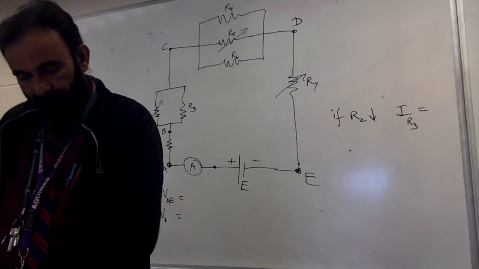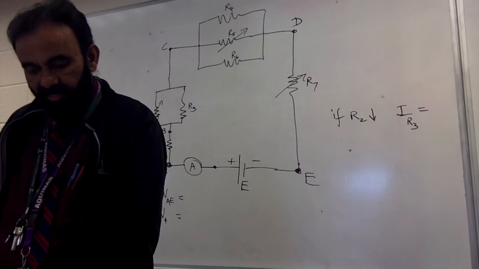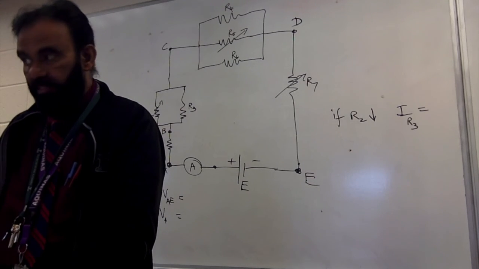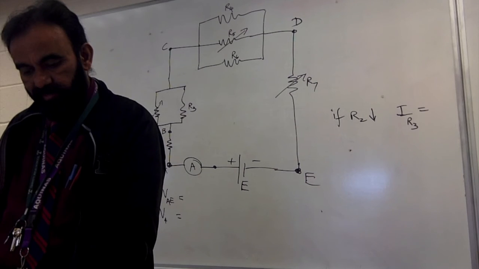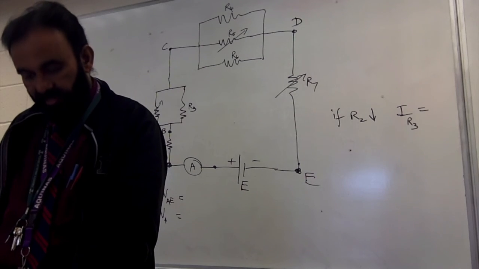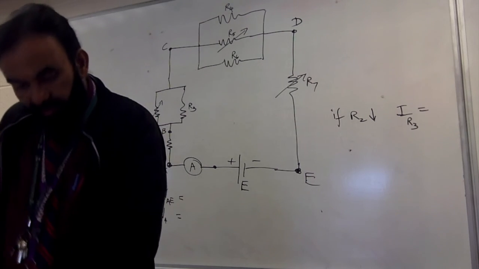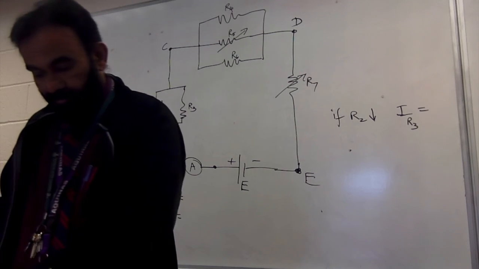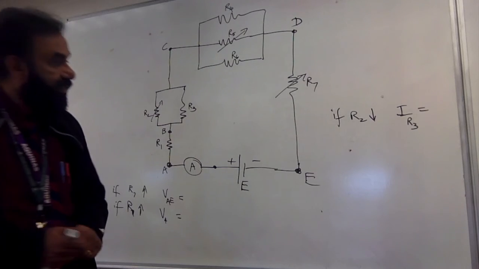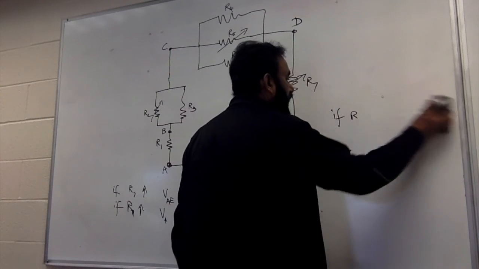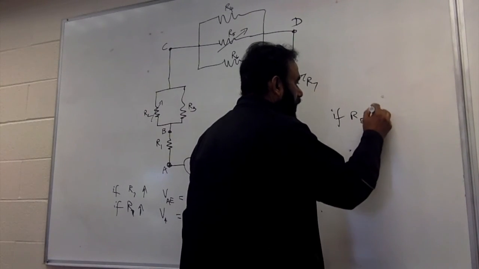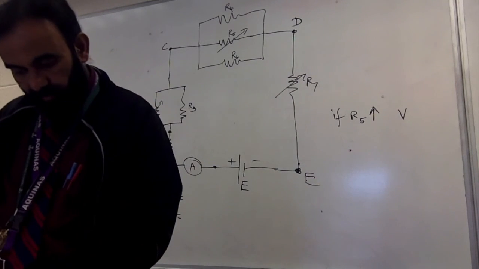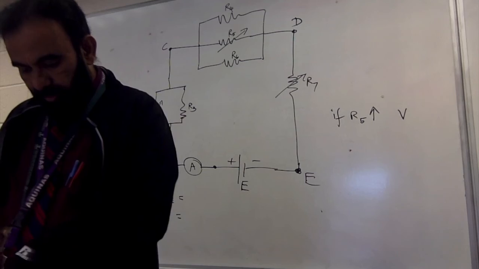Next one, if R5 increases, you can write these things down so you can look into it later. If R5 increases, what will happen to the voltage drop across R2?